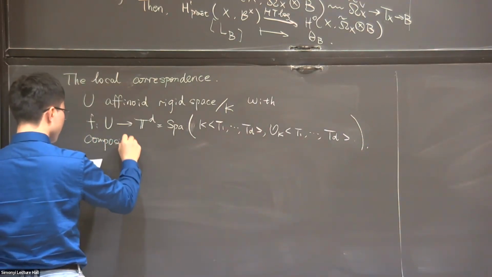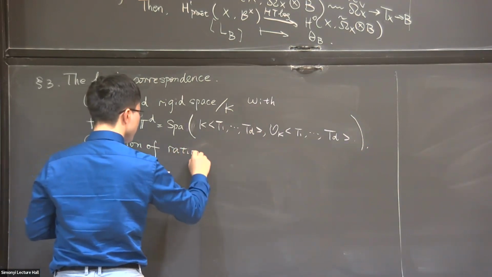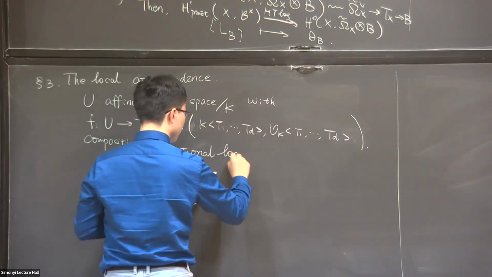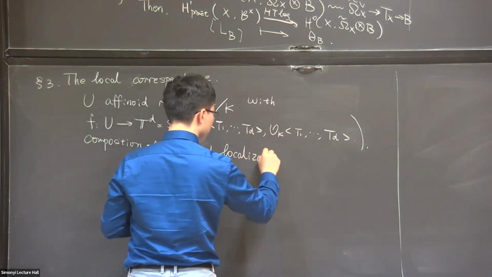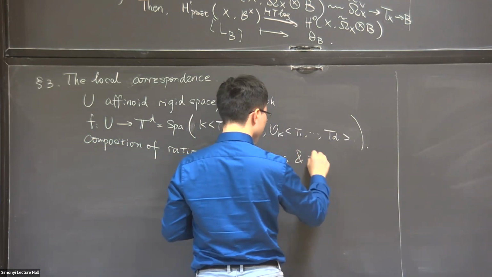So namely, it is the composition of rational localizations and the finite étale map.